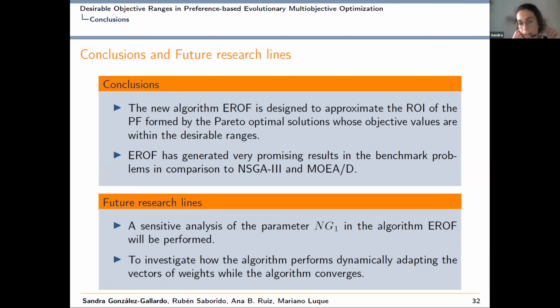As future research line, we want to make a sensitive analysis of the parameter NG sub 1 in the algorithm E of, and we want to investigate how the algorithm performs dynamically adapting the weight vector while the algorithm converges.